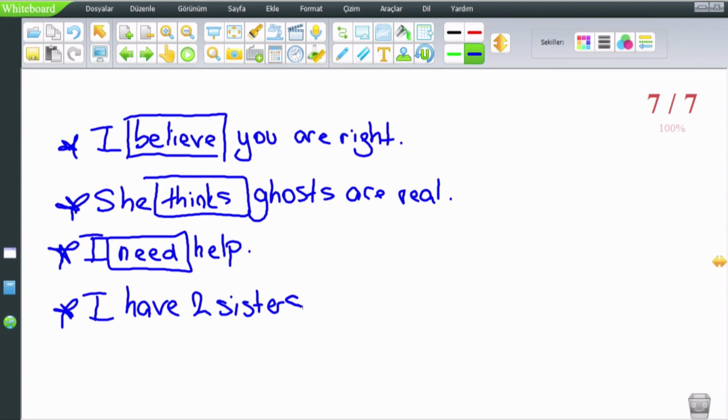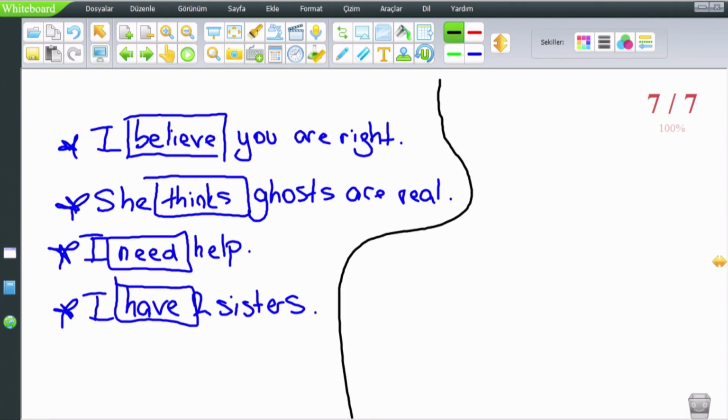I have 2 sisters, but there is an exception when it comes to have, because it has 2 meanings that we use. First is to own something. It represents that the person owns something.